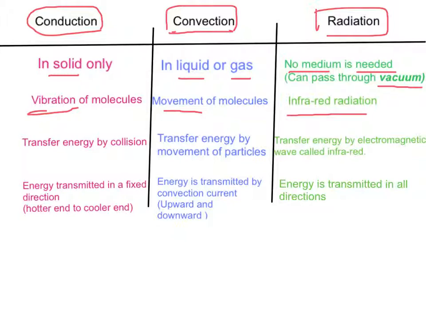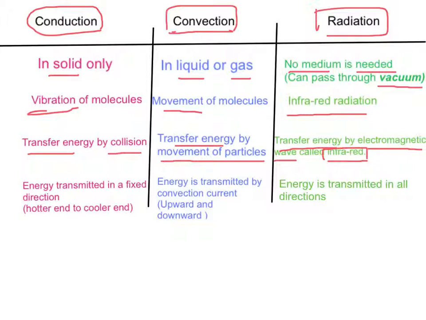Propagation means travel, 傳遞. The next point is, for conduction, energy is transferred by collision between molecules. For convection, energy is transferred by the movement of particles. For radiation, energy is transferred by electromagnetic waves, called infrared, which is one kind of electromagnetic wave.